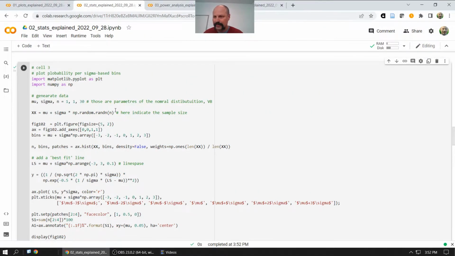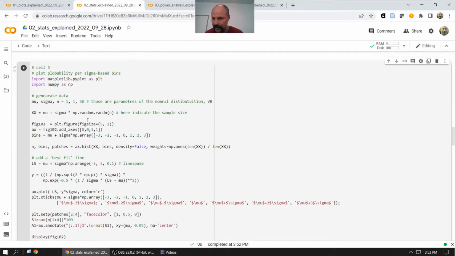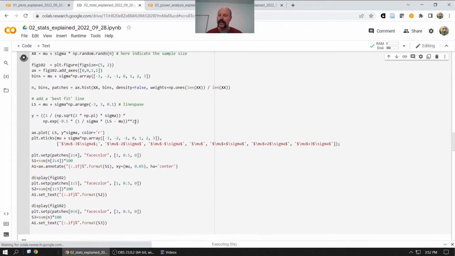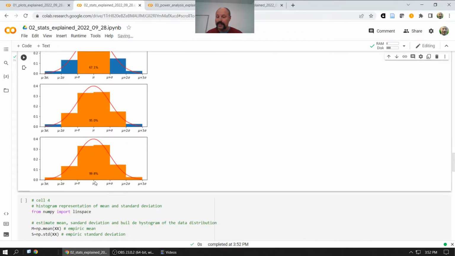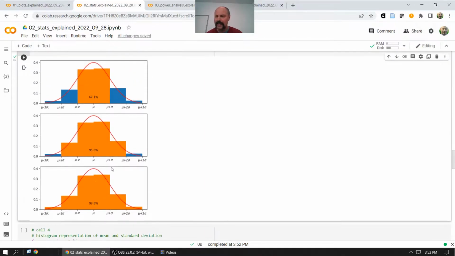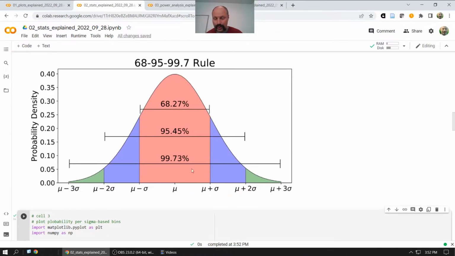If you run it again, you will see a different result, but still the numbers are comparable to what is expected. And if you want to get better precision, you increase the number of samples and you get numbers which are really close to what is expected theoretically.